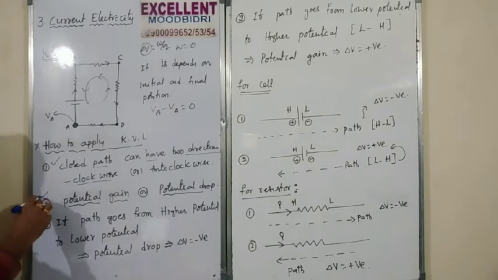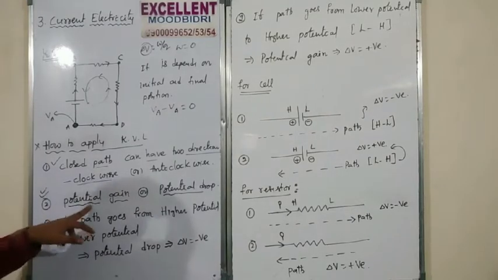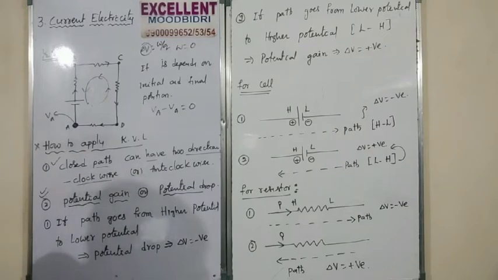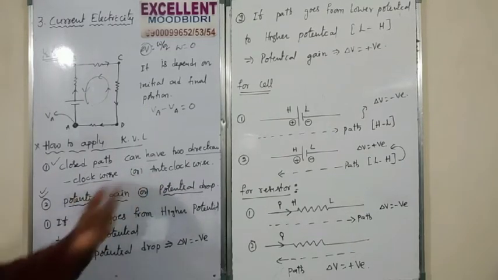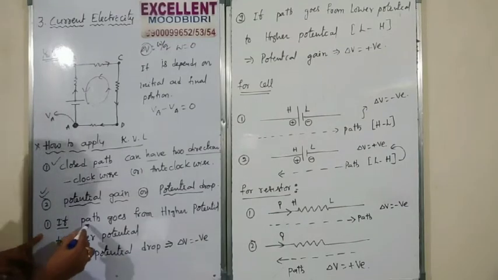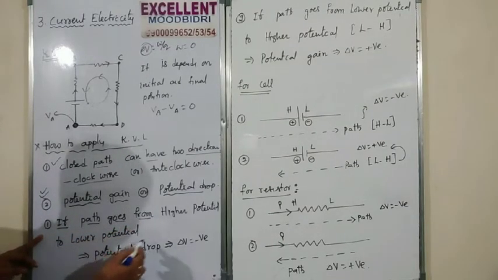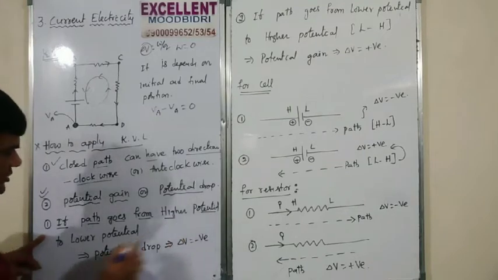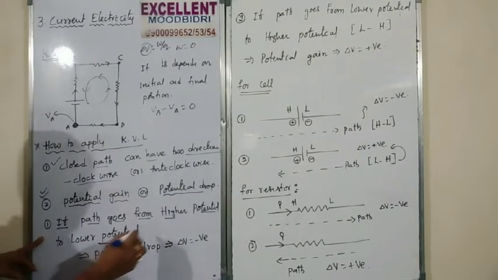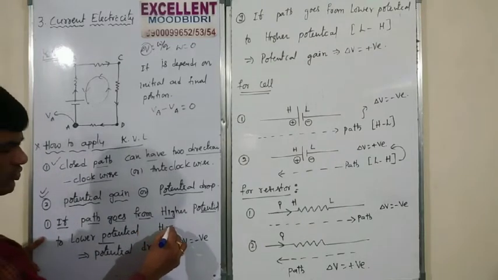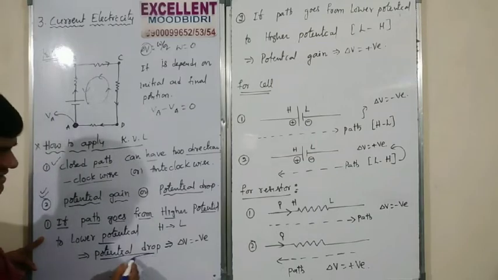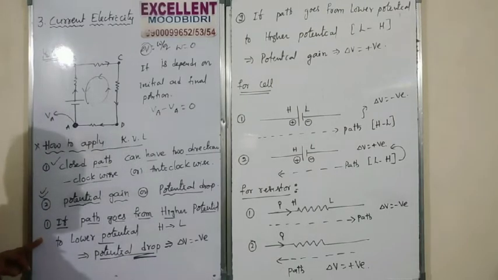The second point is very important: the potential gain and potential drop. When is the potential gained, and when is it dropped? First point: if the path goes from higher potential to lower potential, in that case the potential is a drop.